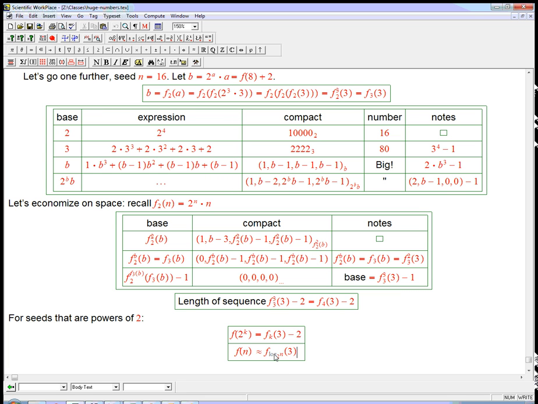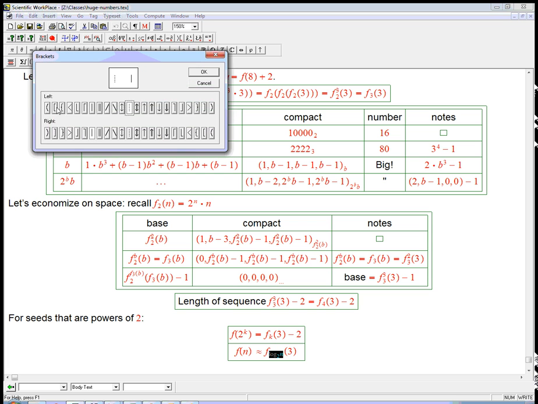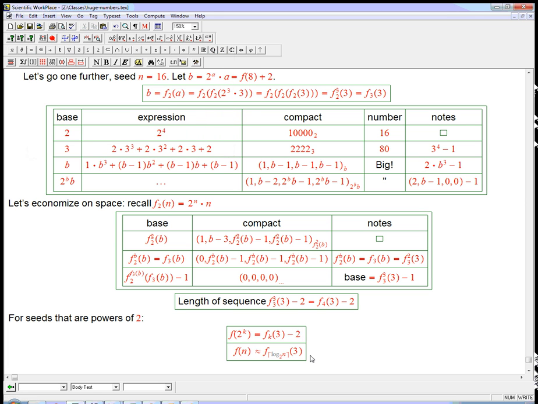You take the log base 2 of whatever this number is, and I guess we're going to have to use probably a ceiling function or something. I would say probably a ceiling here. And I'm not going to worry about the minus 2 because these are all approximate. And that is less than f sub that expression of itself.